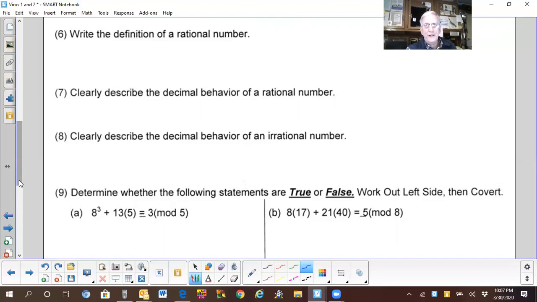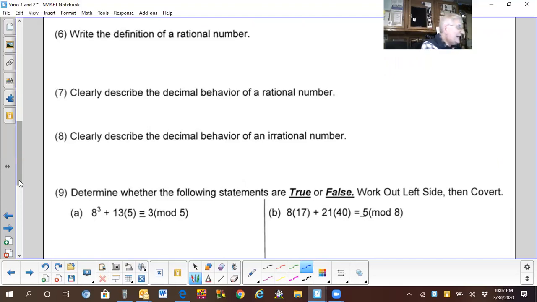What you should have written is this. It's any number that can be expressed as the quotient of two integers in the form a over b, where b cannot equal 0.